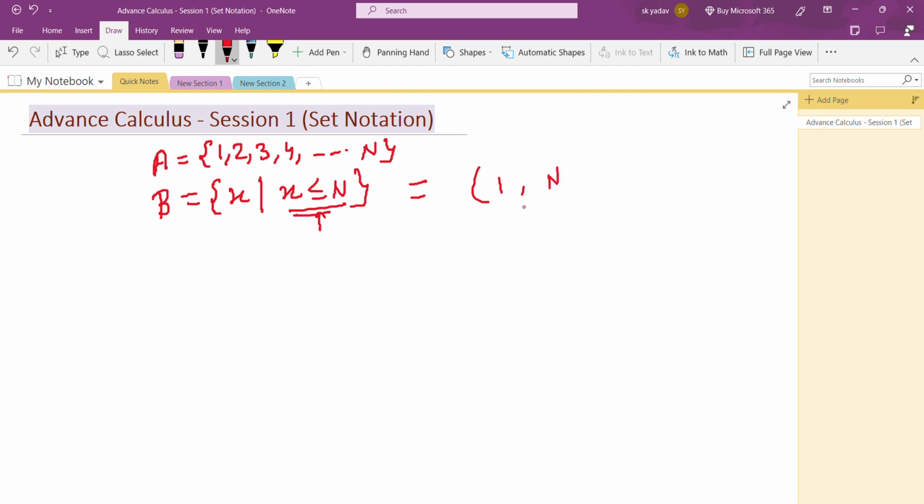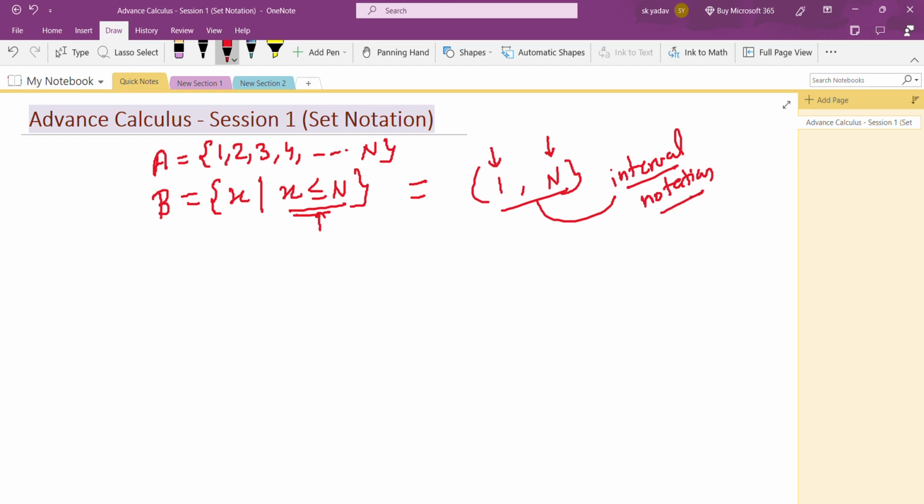So this is the interval. The starting point is 1 and n is the ending point. So we'll say this is the interval representation, or interval notation.